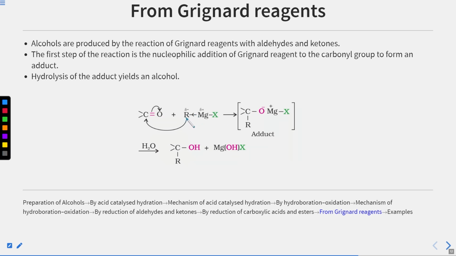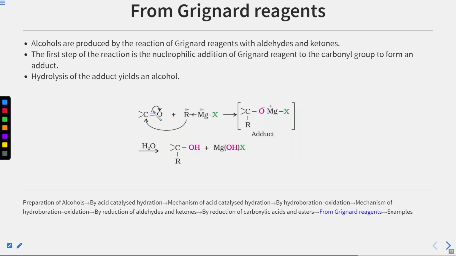The tail of the arrow represents the source of electrons, and the head represents the area where the electrons will be donated. Here also, this is the tail, locating our electron source, which is the pi bond, and the head goes to the oxygen, which is the electron acceptor.